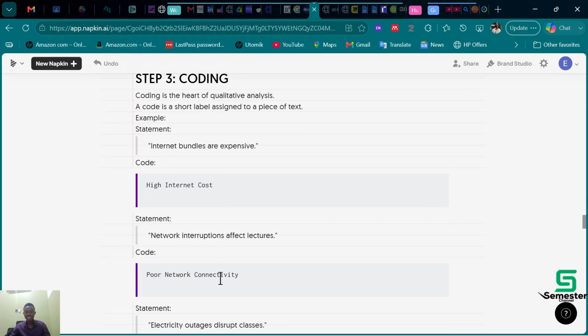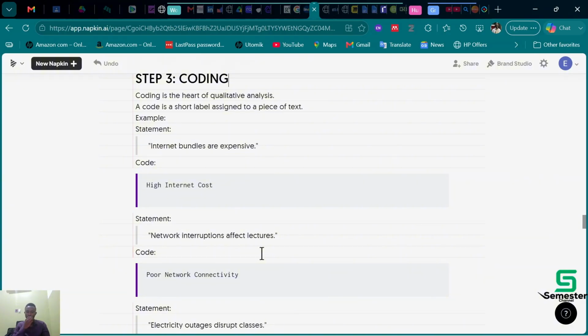Now, another statement like network interruptions affect lectures. The code is poor network connectivity. That is a code. So for any participant whose response you read and you realize that they are saying network interruptions, or network failures, or slow network, you know that they are talking about poor network connectivity.